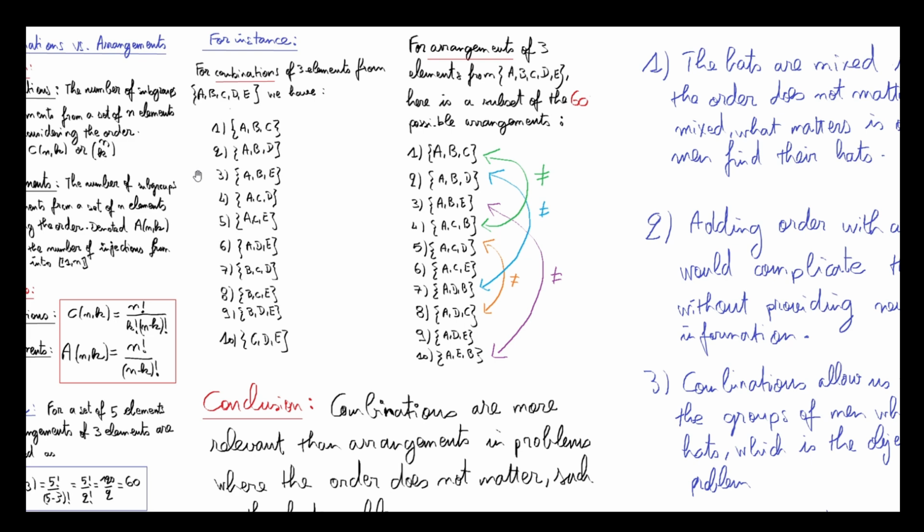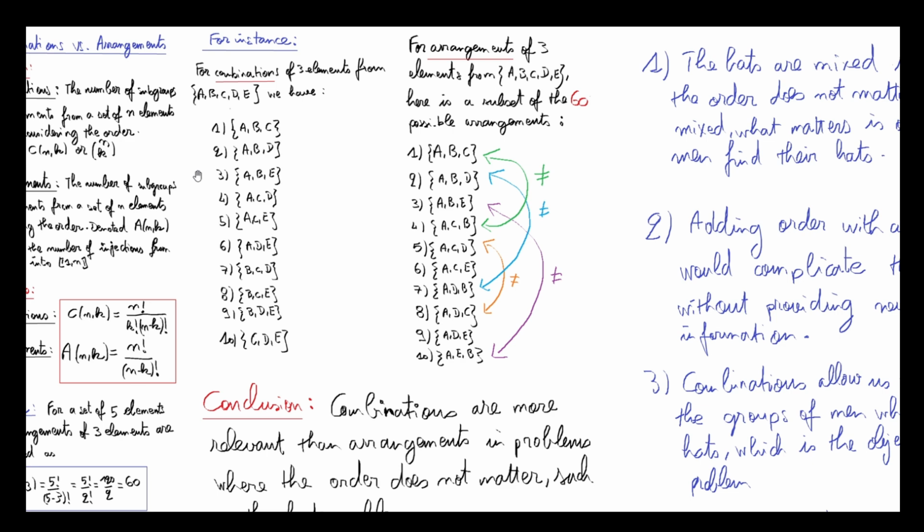They are different. And we also have ABD that is different from ADB, which would not be the case if we looked at our problem with combinations. Same thing goes for ACD and ADC, and for ABE and AEB.